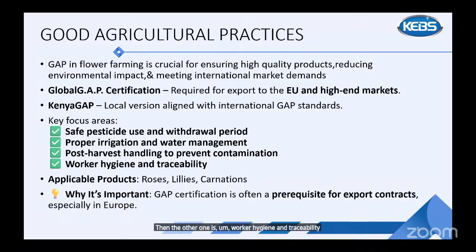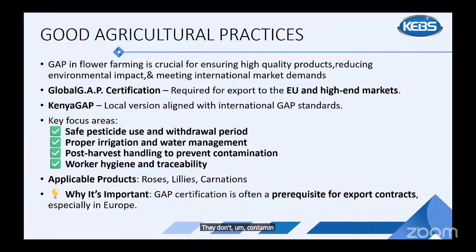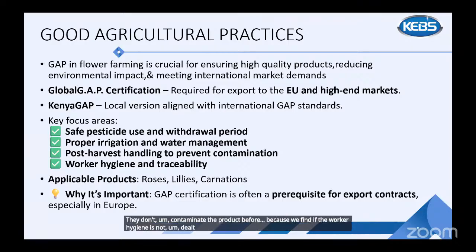You find that any worker that is working in your flower farm and in your pack house, or any employee, what is their hygiene? Are they sanitizing their hands? Are they ensuring that they don't contaminate the product? Because if the worker hygiene is not dealt with, this will affect the way the product is handled.